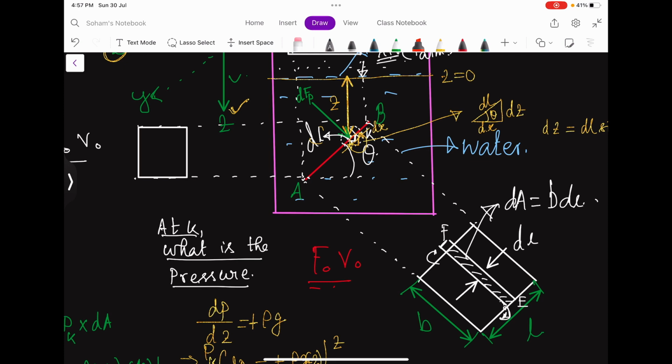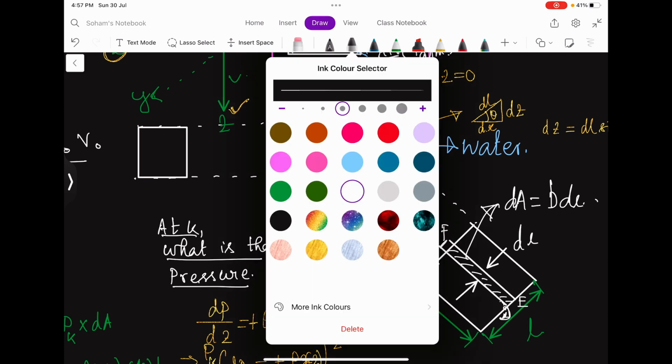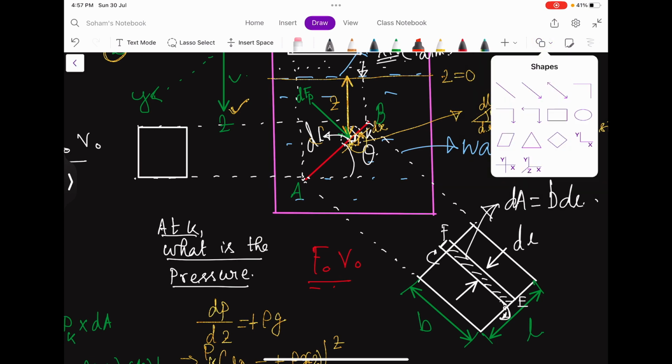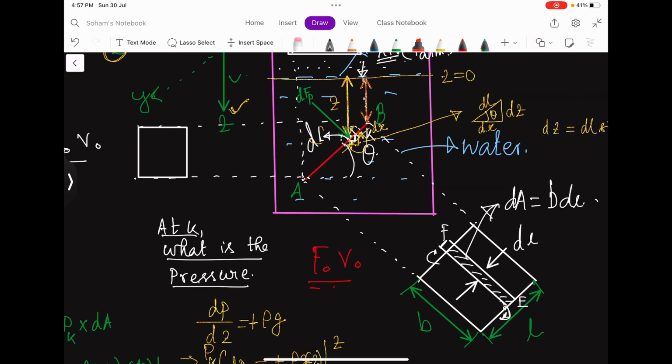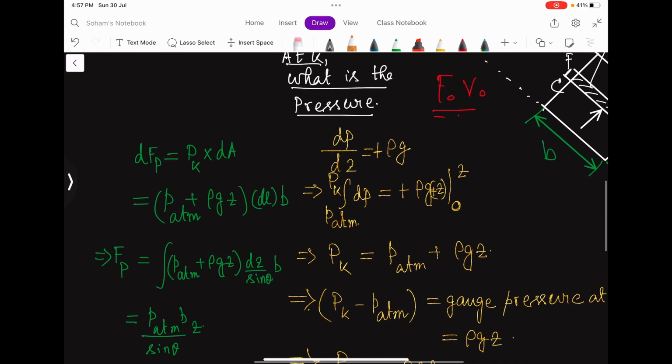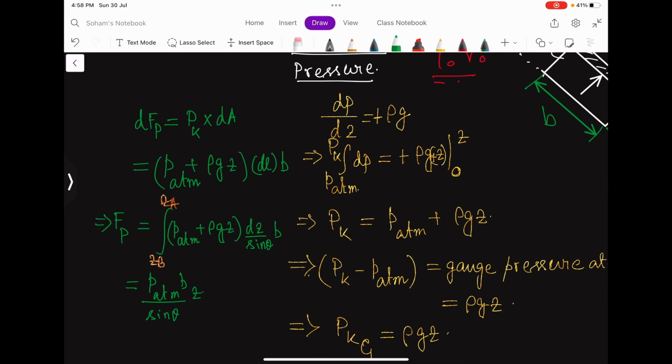So the z limit is from this height only and up to this height. Let us call it zb and za, depth of b and depth of a. So this is from zb to za, fine. So now let us proceed.